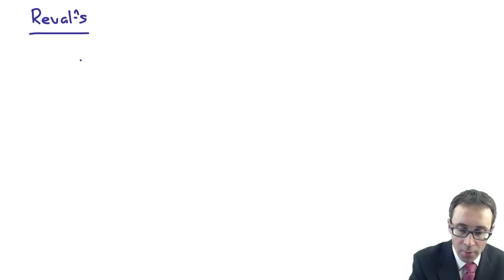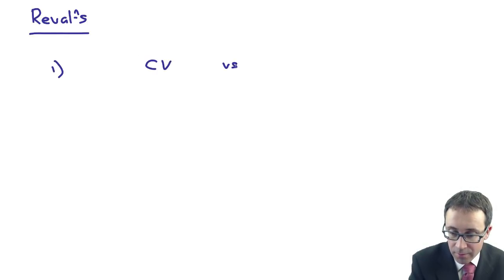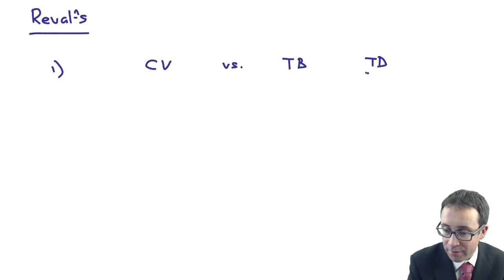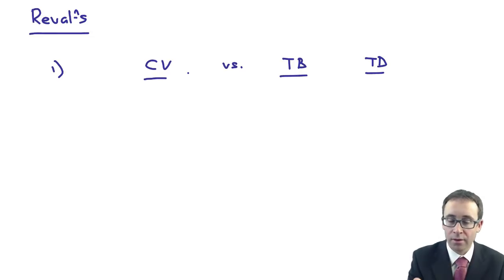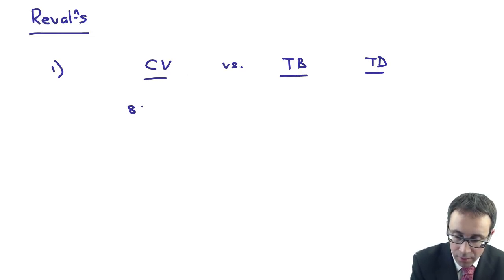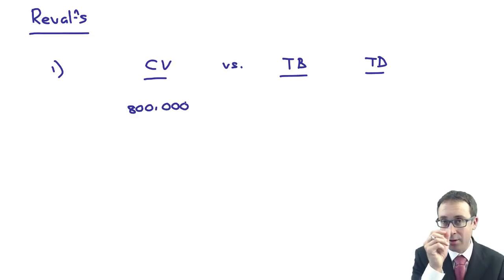So let's go through and have a look at how it all works with the revaluation. Step 1, carrying value versus tax base to give me my temporary difference. We work it as normal, just as we did before. The carrying value at the end of the year after the revaluation is 800,000.